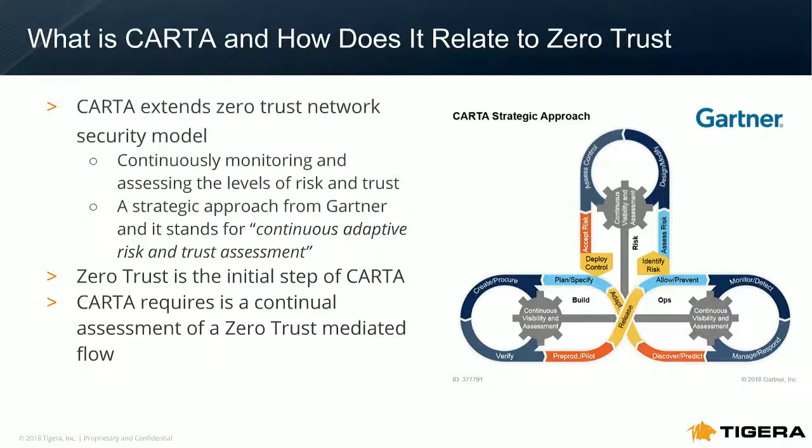So the CARTA model is sort of a life cycle of zero trust model that Gartner has put together, envisions the way people will be managing zero trust infrastructure beyond day zero, beyond setup. Whether you adhere or agree with the exact Gartner CARTA model, there's a number of interesting components to it that I think do make sense to talk about in general scope.